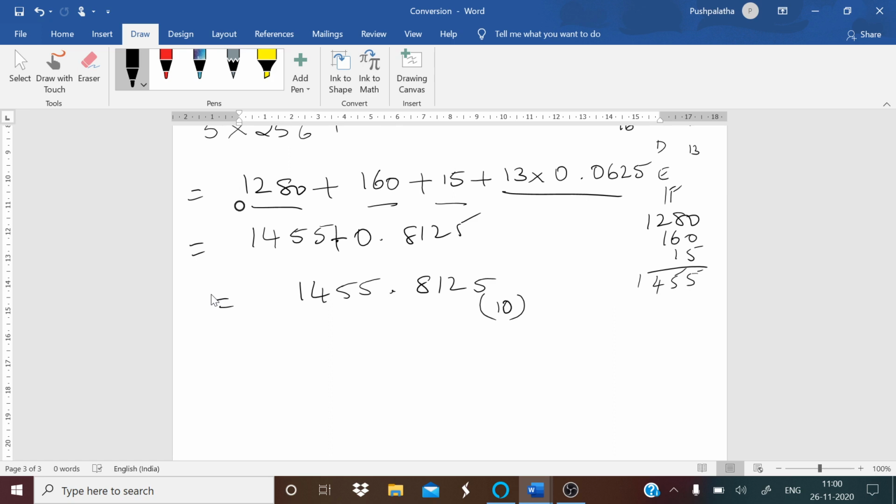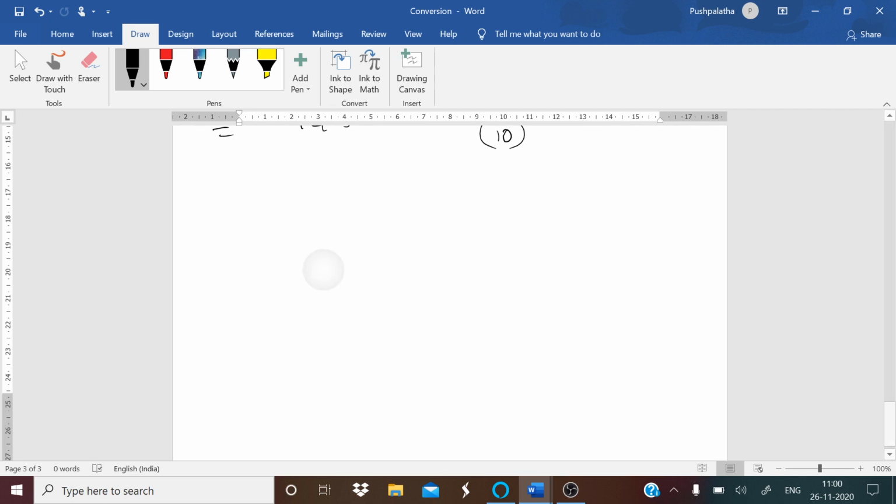And there is another method. We have done the conversion from decimal to binary, octal or hexadecimal, and we have also done the conversion from hexadecimal, binary or octal to decimal. Other than these two, there are other types of conversions also.